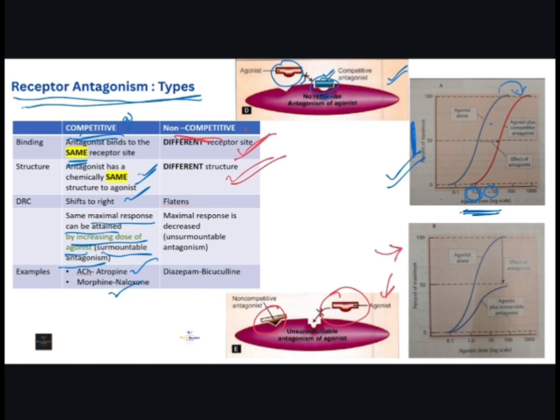In the presence of the antagonist, the curve is getting flatter, that is, the curve is pushed down. So the DRC is getting flattened. This means that the maximal response is decreased in non-competitive antagonism. So this is also called unsurmountable antagonism. An example for non-competitive antagonism is diazepam and picrotoxin.